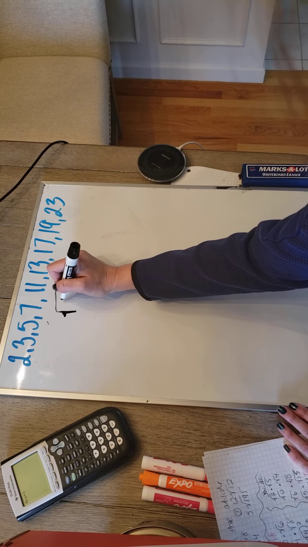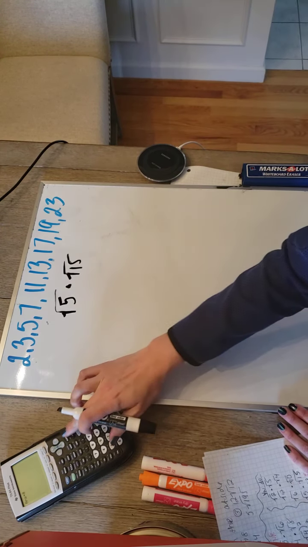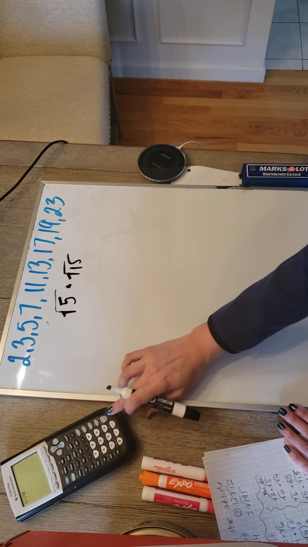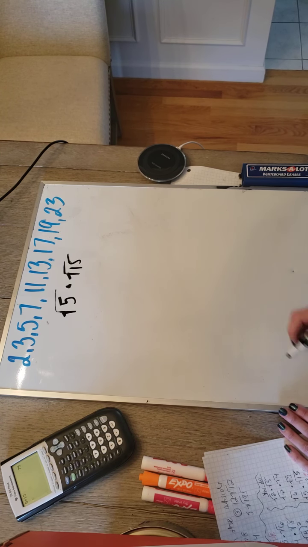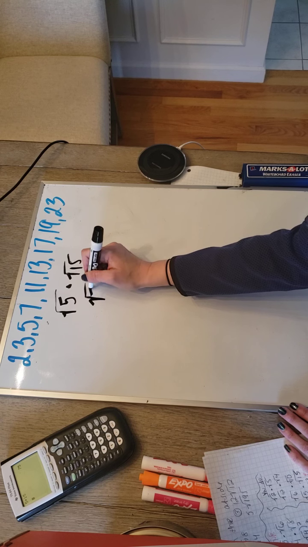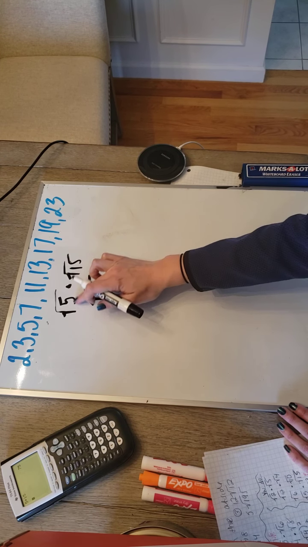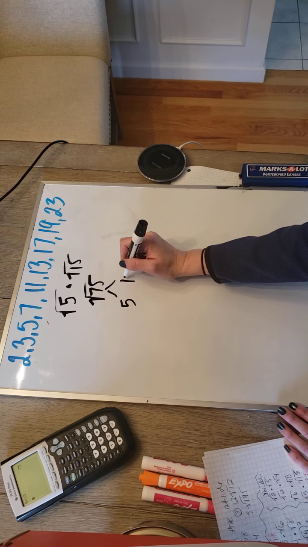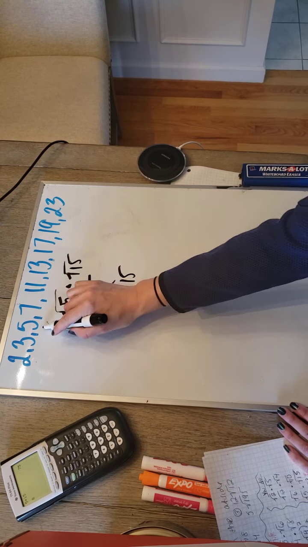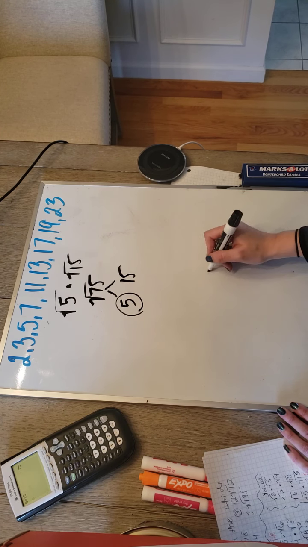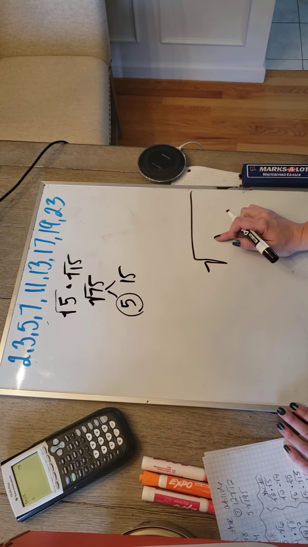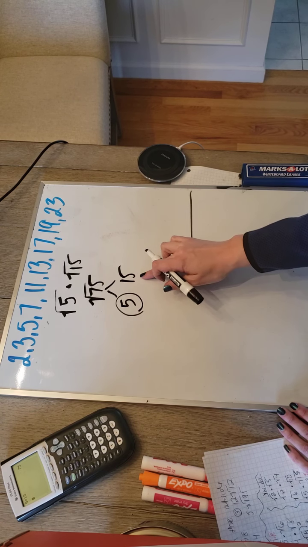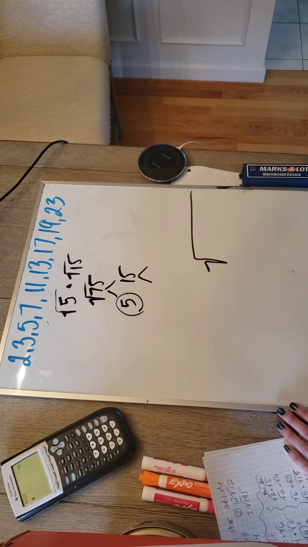Next up we have root 5 times root 15. 5 times 15 is 75. So we know we can use 5 and 15. It's also nice because 5 is prime. However, we cannot write it under a radical yet because not all of our legs have circles, so that needs to be broken down.